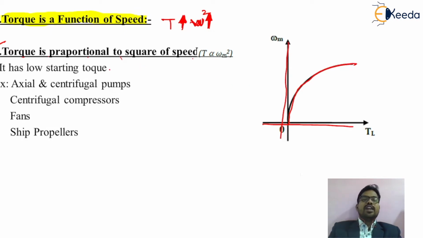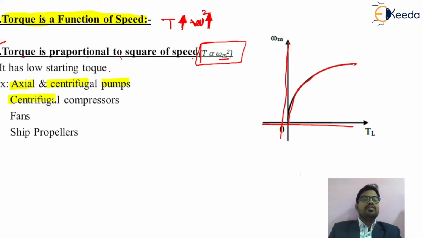Basically such a load has a low starting torque. Basically this is called torque being directly proportional to the square of the speed, used in different axial and centrifugal pumps.